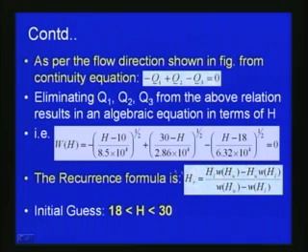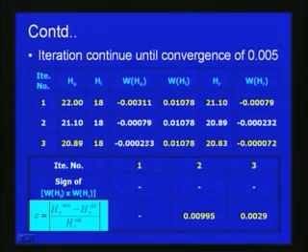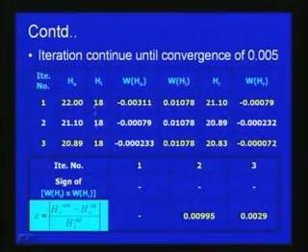Then we see the sign of W(HL) times W(HR) in this column, and the residue epsilon, which is the modulus of HR new minus HR old, divided by HR old. We start with a value of 22, and the lower limit is always set as 18.